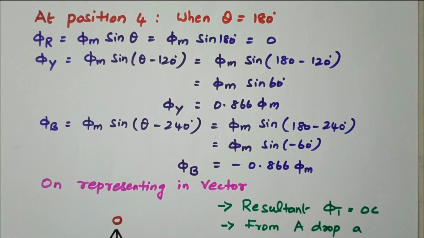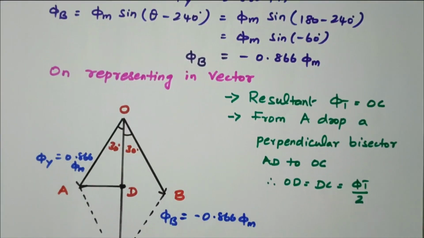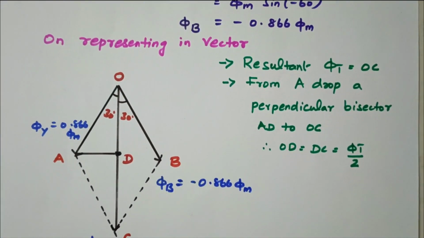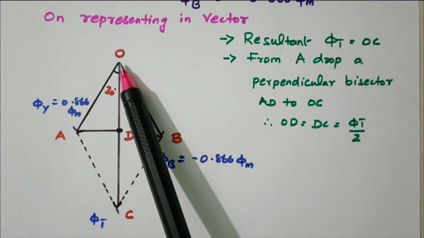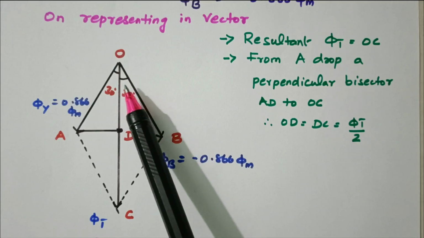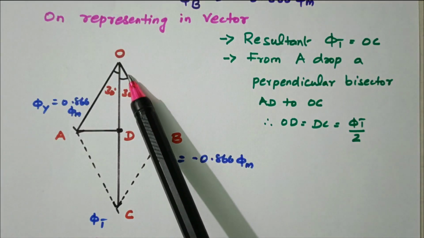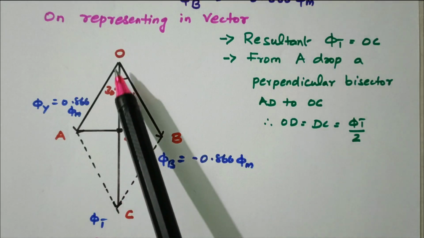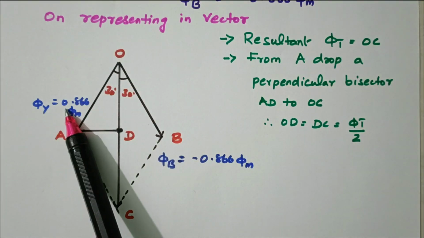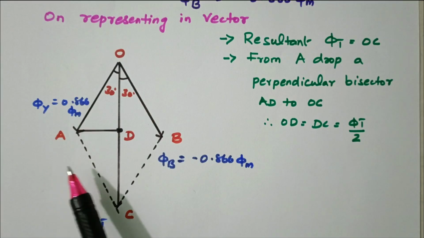I will see the vector diagram. So this is point A, O. This is again rotated by another 60 degrees. So here is OB, OA, the resultant flux OT, and OC. This OA is phi y, 0.866 phi m.